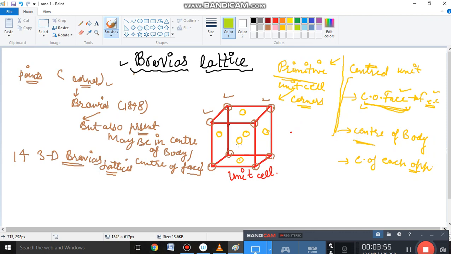In the BCC, the particles are present not only at the corners but at the center of the body of the unit cell, and the center of the body can be regarded by this green point.